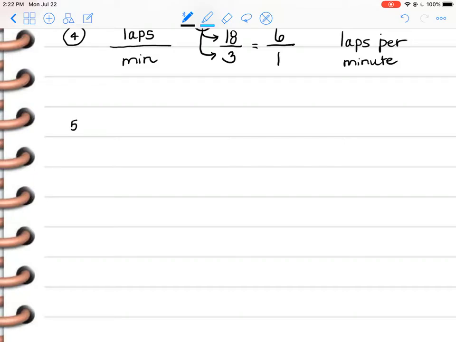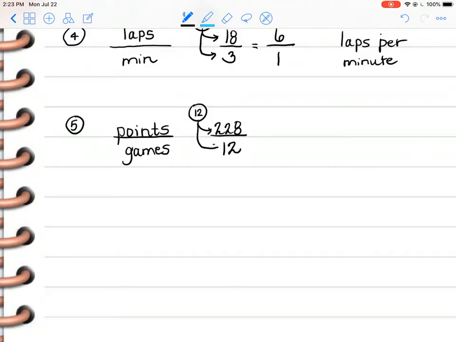Okay, number 5. This one is points and games. So I'm comparing the number of points scored to the number of games played. And if I scored 228 points in 12 games, what would I have scored in 1 game?